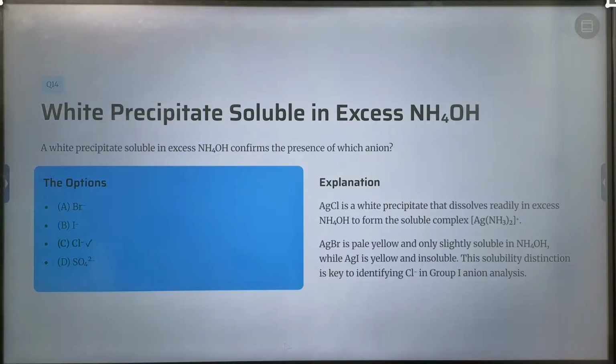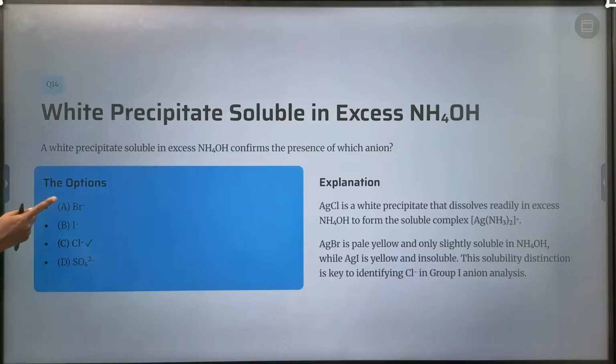A white precipitate soluble in excess of sodium hydroxide confirms the presence of which ion? Actually, it is chloride. Why is it soluble? Because it forms silver chloride. All of them will give a precipitate. When you add the reagents, it forms silver bromide, silver iodide or silver chloride.